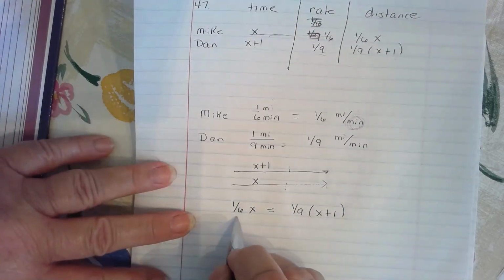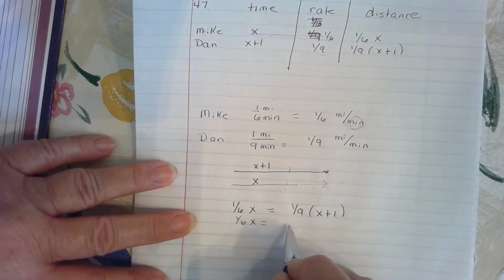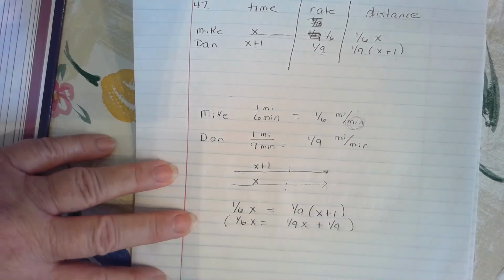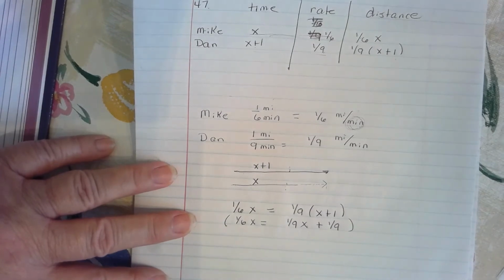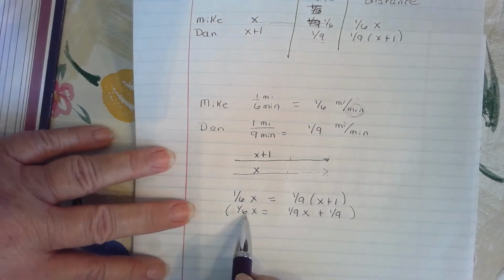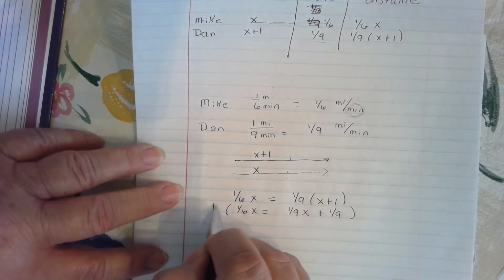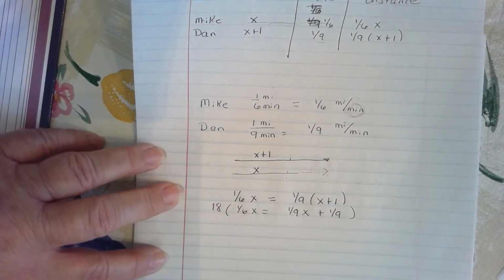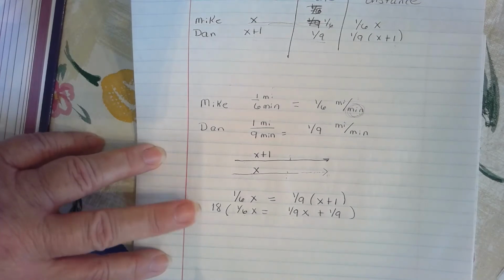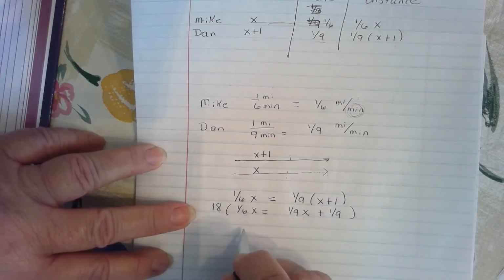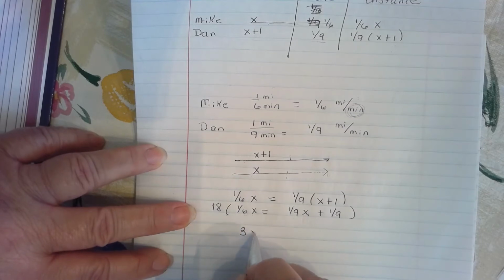Then I'm going to distribute the 1/9, and to clear the fractions, I'm going to multiply by the common denominator, which for 6 and 9, the smallest one is 18. I could use 54, but 18 is the smaller. So 18 times 1/6 becomes 3 times X.